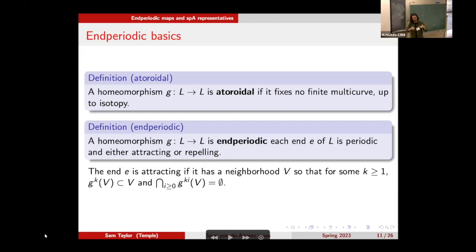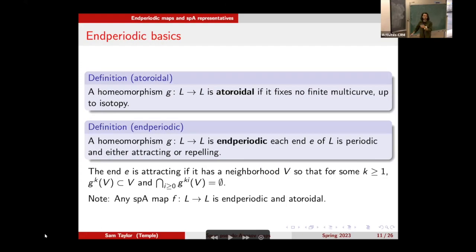So to answer your question, from understanding the mapping torus of an end-periodic map, if you go out a positive end, you see the action of F looking like a deck transformation. The quotient under that deck transformation is that positive surface at infinity. It's actually like a semi-cover of your surface.